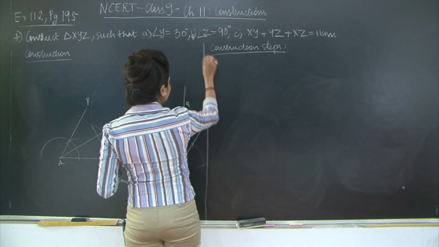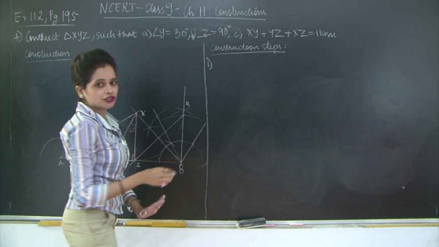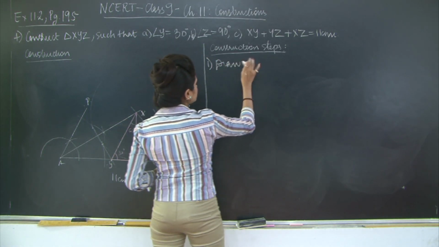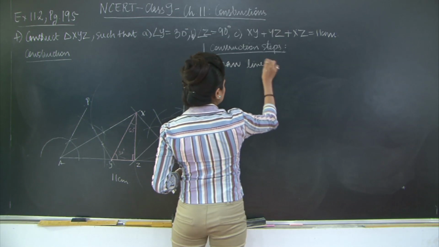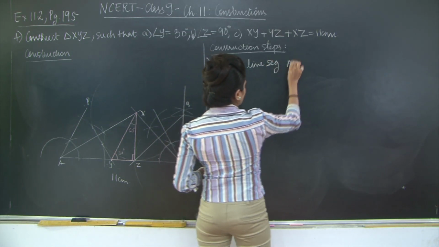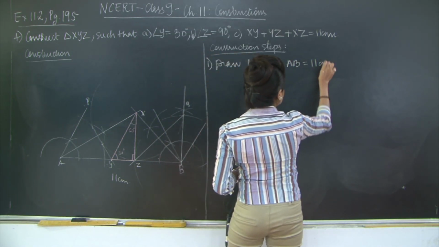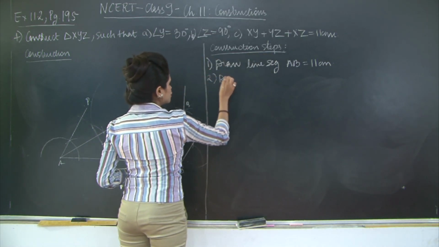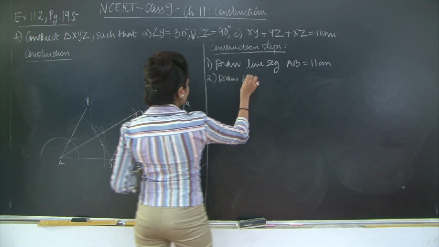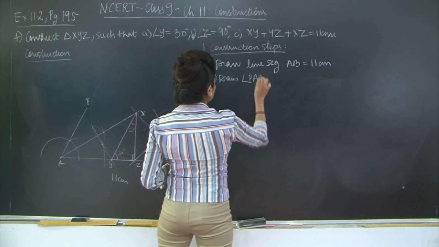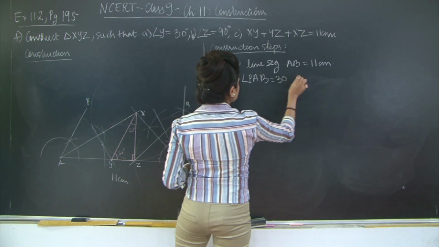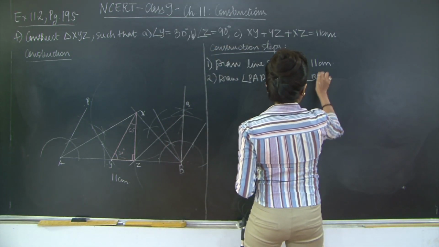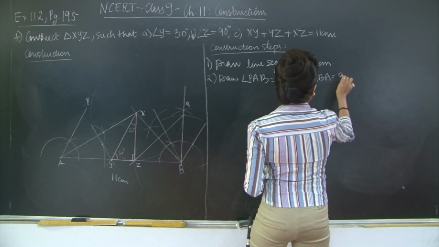So step 1. Step 1 was what? You draw a line segment AB. AB is equal to 11 centimeters, right? Second step, draw angle PAB equal to 30 degrees and angle QBA equal to 90 degrees.